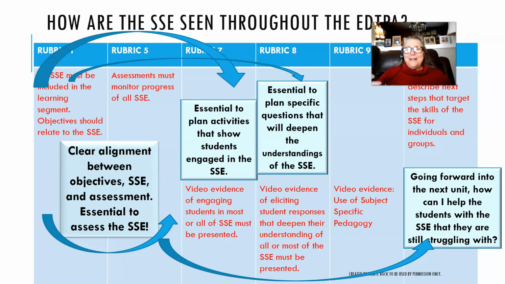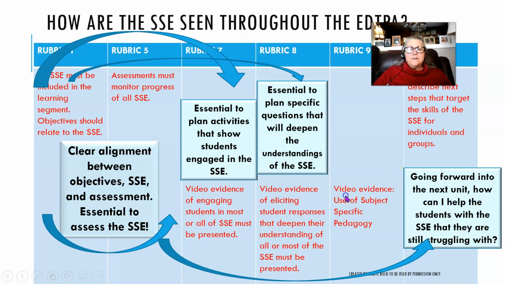Well, you elicit student responses. That's just a really fancy way of saying ask questions. I don't know why they don't say just ask questions, but I don't know. That eliciting student responses that deepen their understanding. So it digs deeper. You know, those questions that dig deeper. That's what you want there.